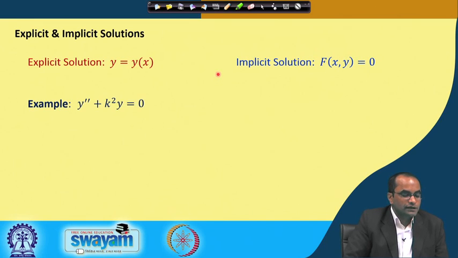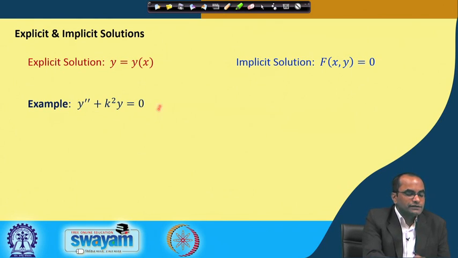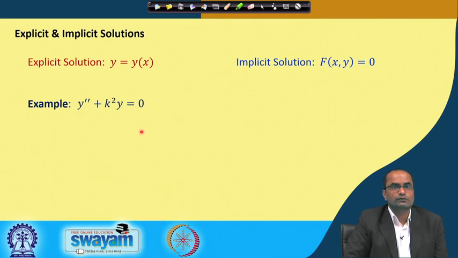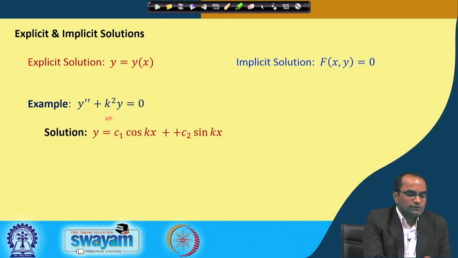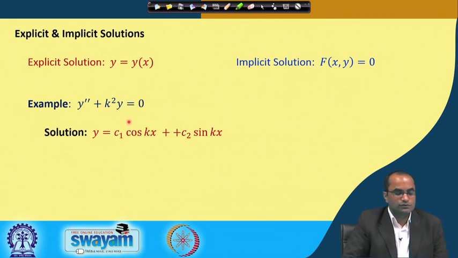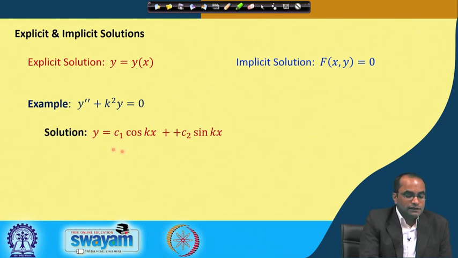So, for example, if we take this second order differential equation, y double prime plus k square y is equal to 0, we can observe by substituting, in fact at this point, because we are not going to discuss the solution techniques, that this is indeed a solution, because it will satisfy the given differential equation.